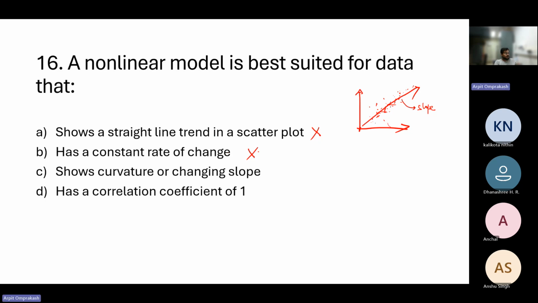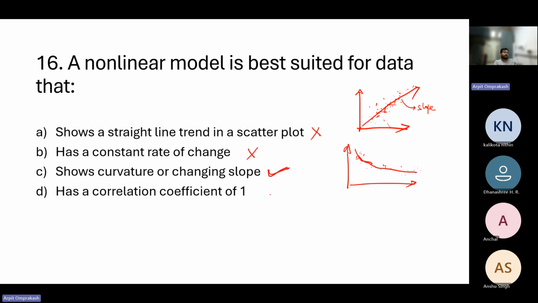So a non-linear model is not suited for that data. Shows curvature or changing slope. So if you have data like this, where basically the optimal line might look somewhat like this, where the curvature or the slope is changing, then you should consider a non-linear model.